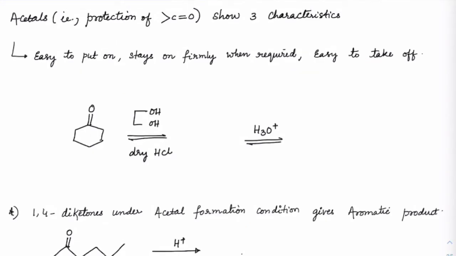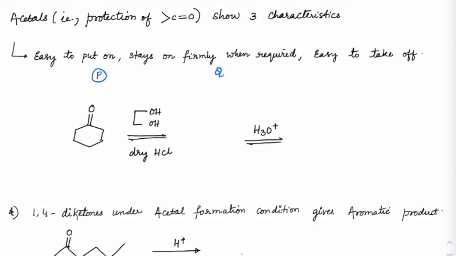Okay, now focus on the lecture back. So what exactly are acetals doing? They have 3 major characteristics. Let me write it as some P factor here. One, protection is easy to put on.